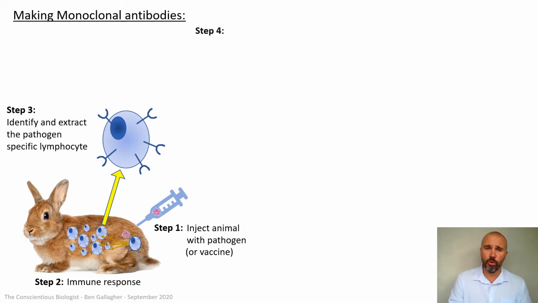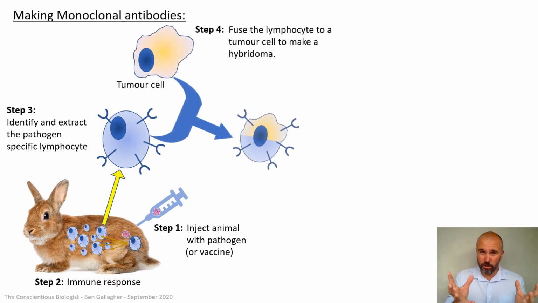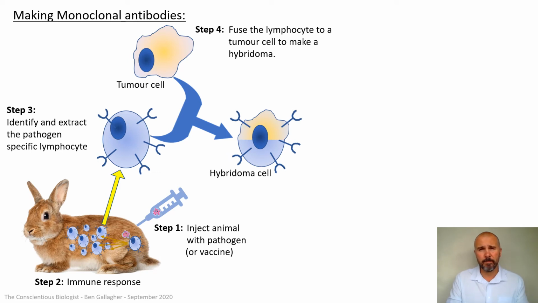So step 4, you need to get a tumor cell. So tumor, like we're talking about cancer cells, okay? Tumor cells can do mitosis very rapidly. So what you do, you fuse this tumor cell to your lymphocyte to create this cell. This is called a hybridoma because it's a hybrid between a tumor cell and the lymphocyte.